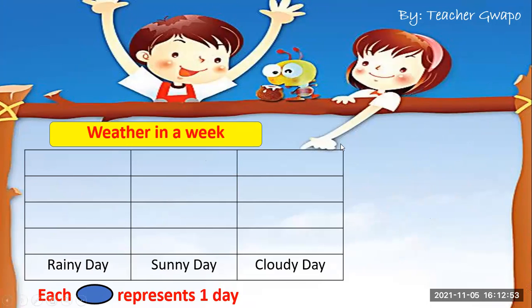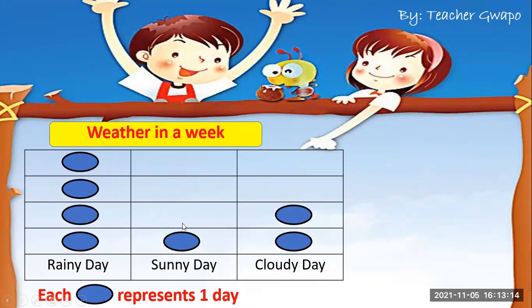For example, like this, it's the weather in a week. Here, rainy day. Each picture represents one day. So the weather here is rainy day, sunny day, and cloudy day. As you can see here, there are 4 shapes, right? That means 4 days have rainy weather. Here, sunny day and cloudy day.